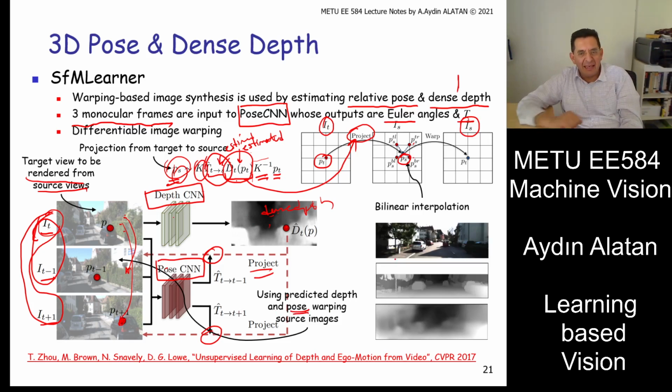And this is the resulting scene, and okay, this is our estimated dense depth, okay? One important thing to note here is we also estimate pose at every time instant between t and t minus 1 as well.